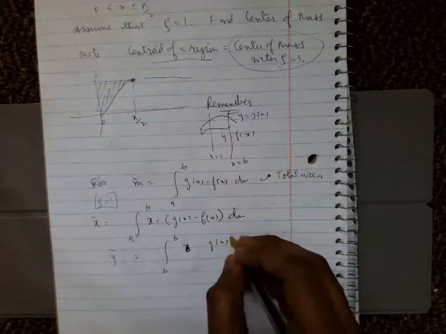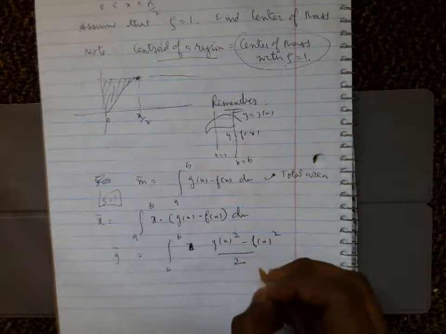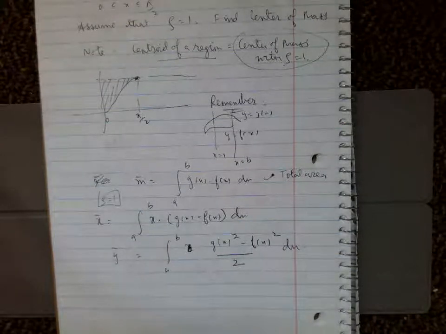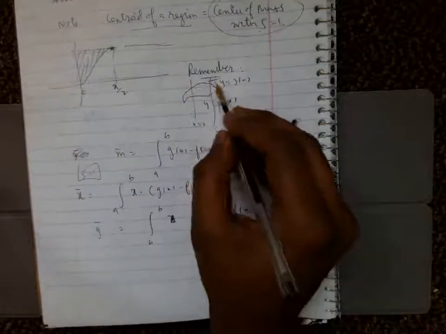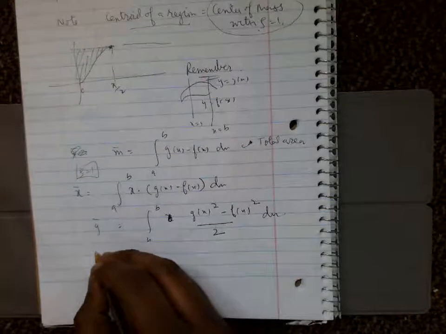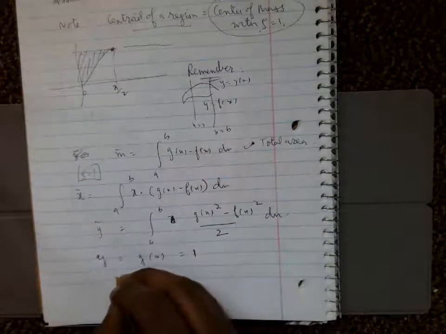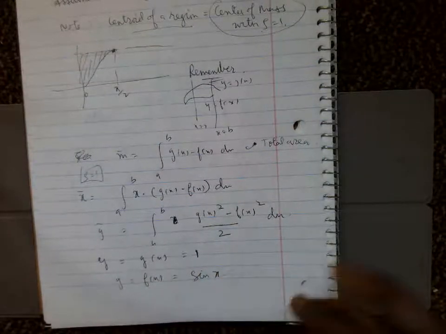of g of x squared minus f of x squared by 2 dx. In this case our g of x is the curve which is greater, so g of x would be 1 and f of x would be sine x.